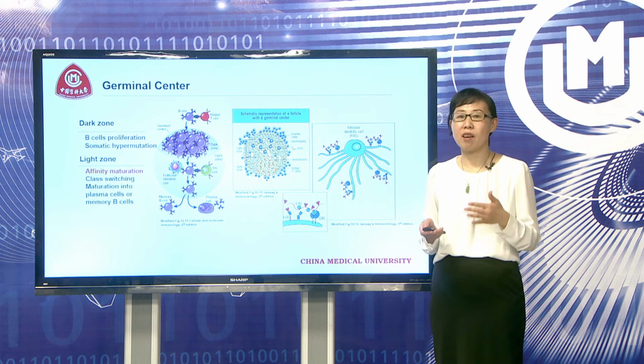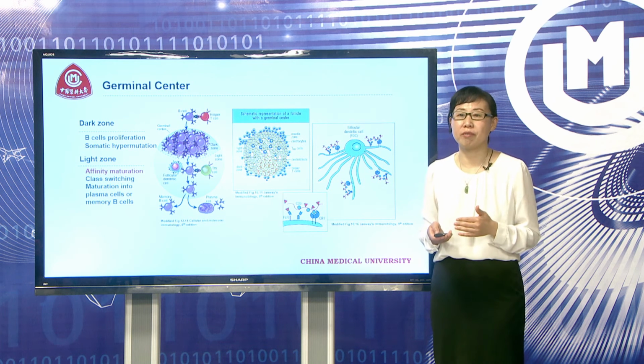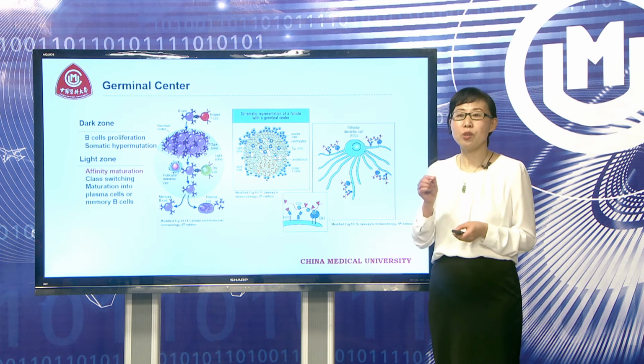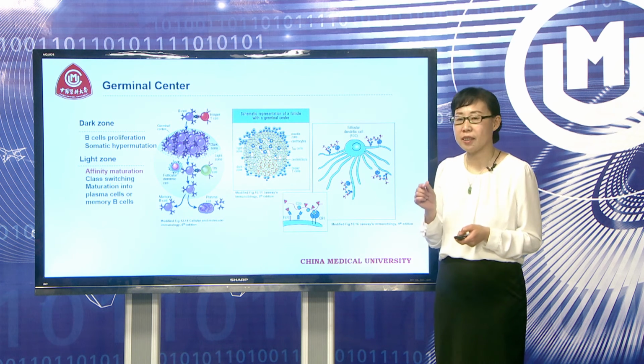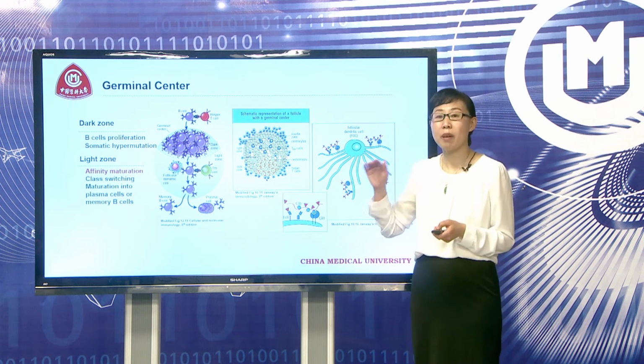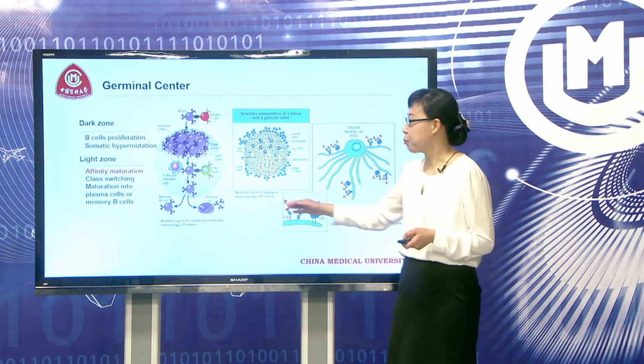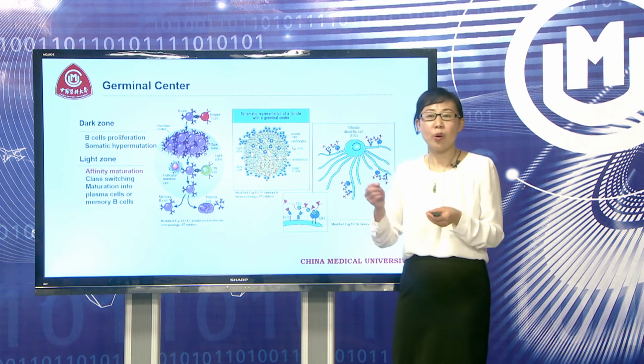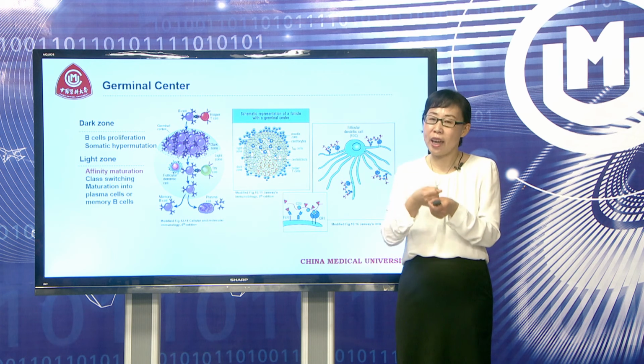This process is called affinity maturation. After this selection, those high affinity B lymphocytes can proliferate into plasma cells, and then they produce the antibody, and this antibody will have a high affinity to the antigens.